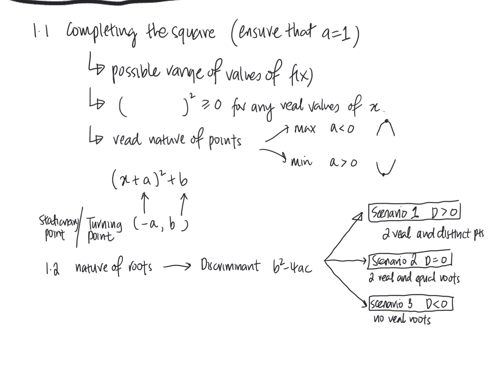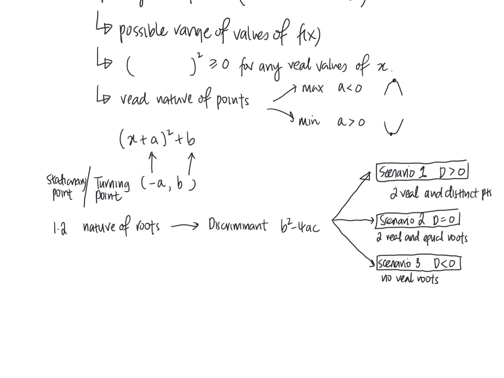So no real roots, you can have 2 scenarios. One being always positive. If your curve is always positive, it must be a minimum curve with a greater than 0. The other one is where it's always negative, so your whole curve lies below the x-axis.